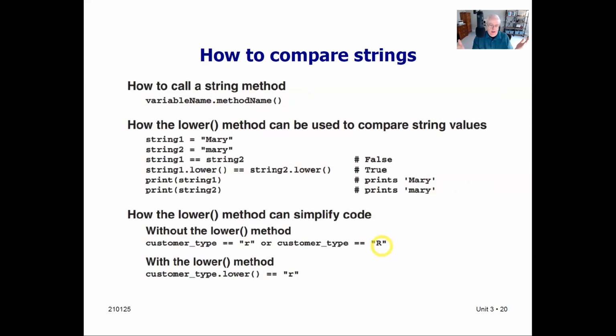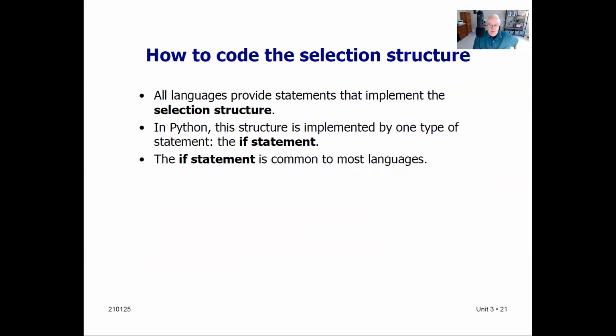Well, why don't we just do customer type dot lower equals r, and that solves the whole thing. We just run it through the method there. Whatever this value is has to be lower. So you're going to see lots of examples of that as we go through here.